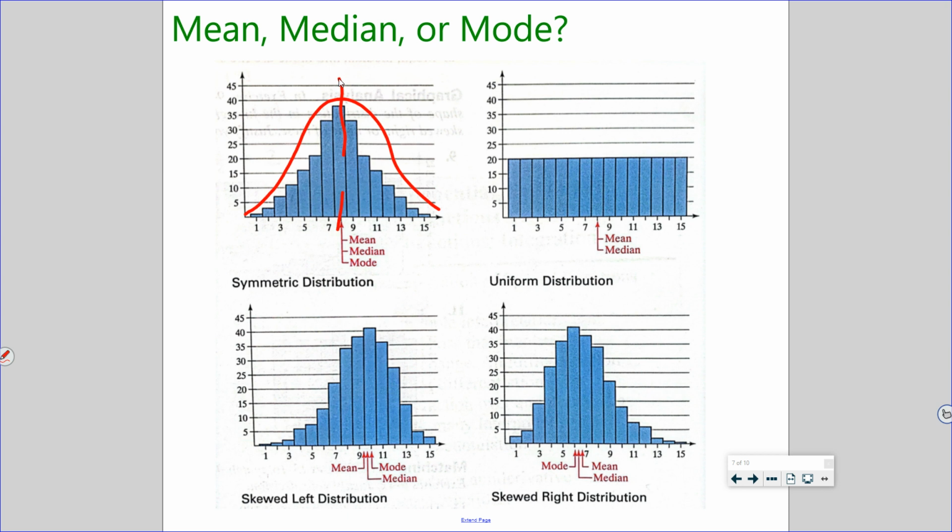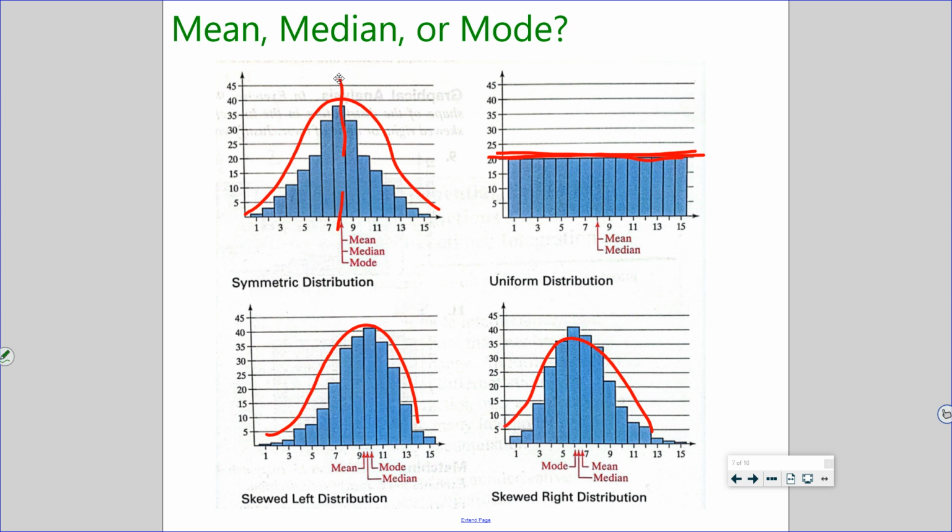That's symmetric distribution. Uniform means there's really no change, just kind of like this constant pattern to it, I guess. And then we can have some skewed distribution. So something looks something like this, where it's more heavy, that's called skewed left. Or on this side, it's skewed right.